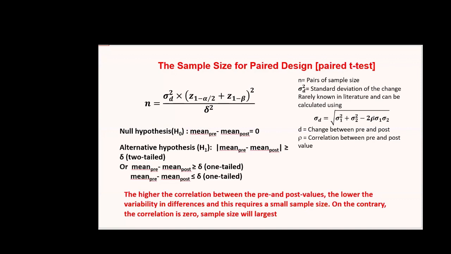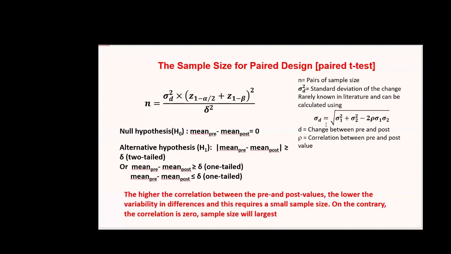This correlation is also not available in the previous literature. So the rule of thumb is that you take 0.5 as the correlation. You can increase or decrease it, but the rule of thumb is 0.5. If the correlation is available, then you can take that correlation.